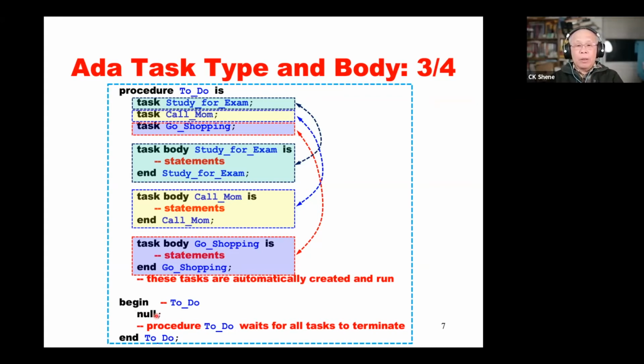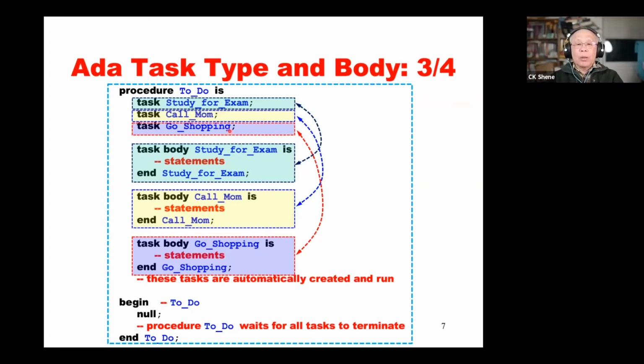So that means when procedure to do starts, these three tasks start running. And this null statement means procedure to do does not do anything, but wait for these three tasks to finish. So we have one task, study for exam. The second, call mom.